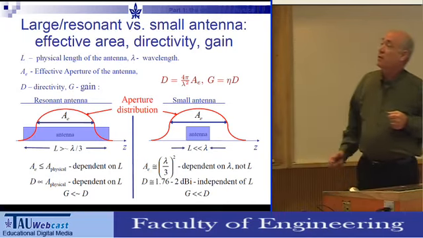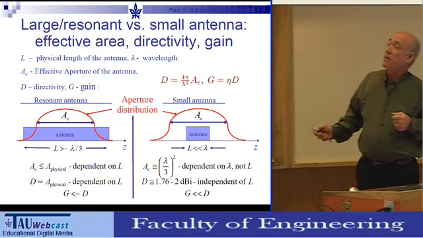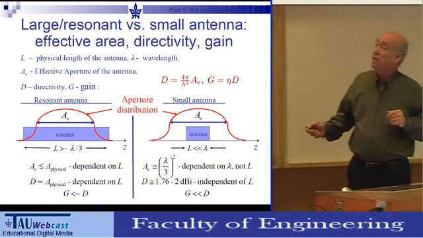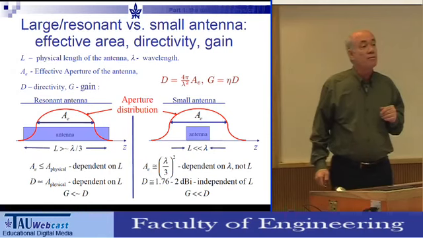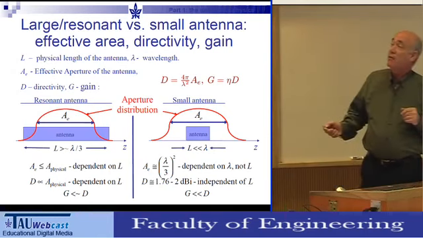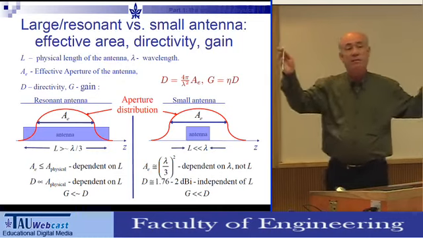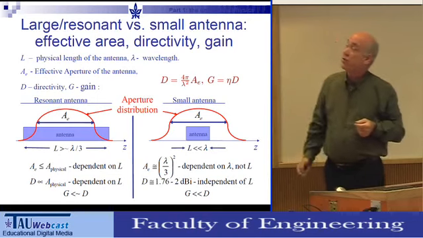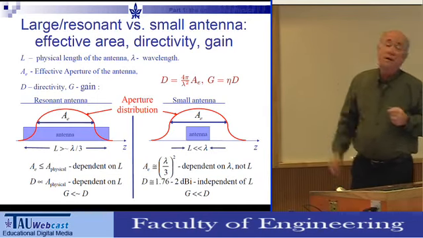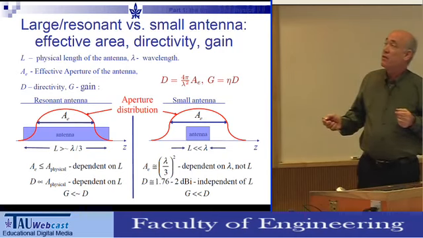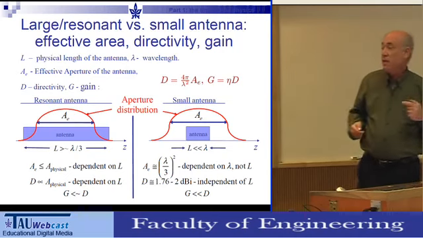So if the antenna becomes very small, then the effective aperture is about the same always for the antenna, no matter what the size is, and then the directivity will not change much. What will change, though, is the gain. The gain is what is ultimately delivered into free space. This is what the antenna and the system on the other side will receive eventually, and this depends heavily upon the efficiency. So what deteriorates is the efficiency, not the directivity when you shrink the antenna.